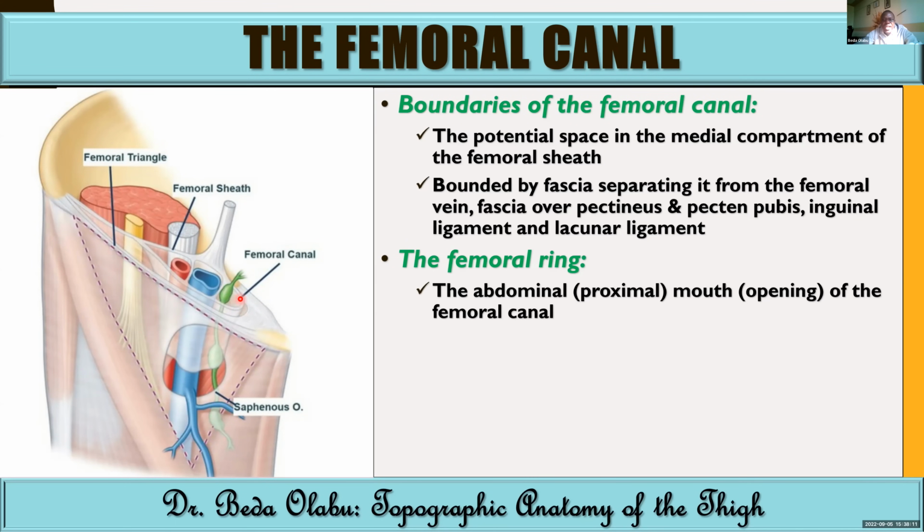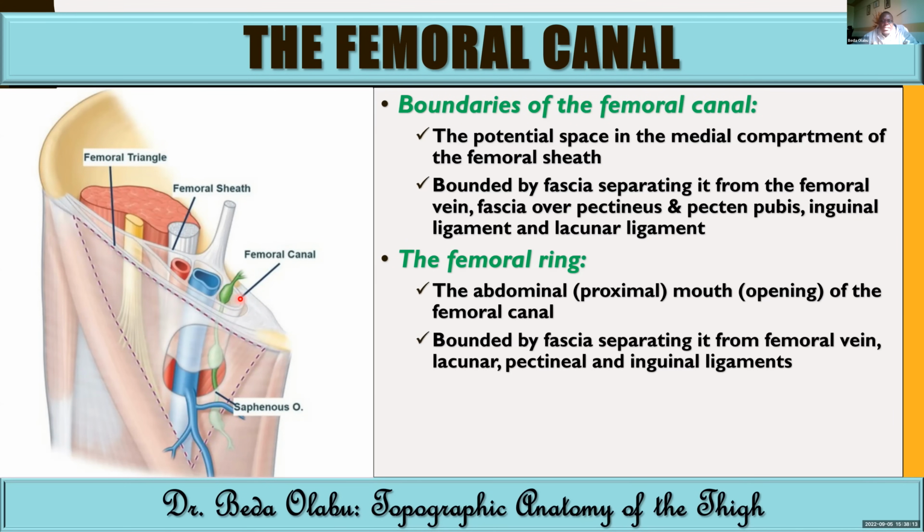The femoral ring has some specific boundaries. Some of them are almost similar to what we've mentioned, but attention is taken on the posterior aspect. We don't now talk about the pectineus muscle and the fascia covering it, but in particular, we talk about the pectineal ligament. The pectineal ligament is the ligament of Cooper that is in the posterior aspect of the ring.